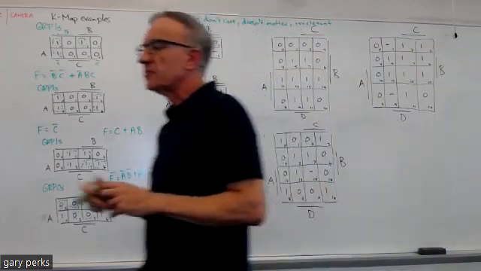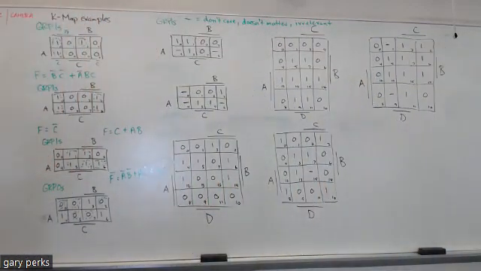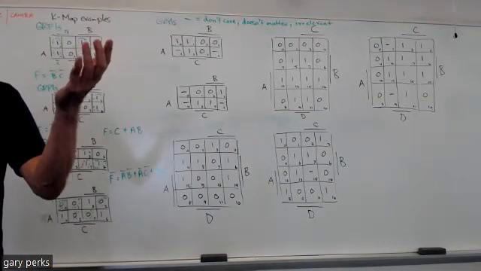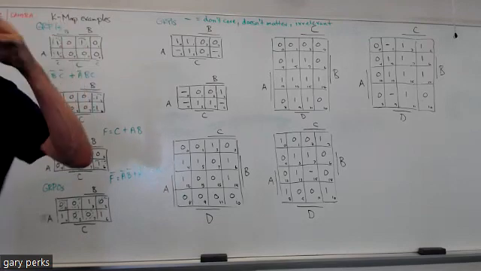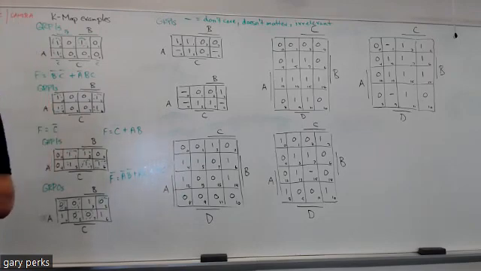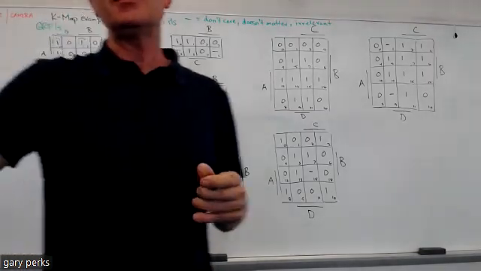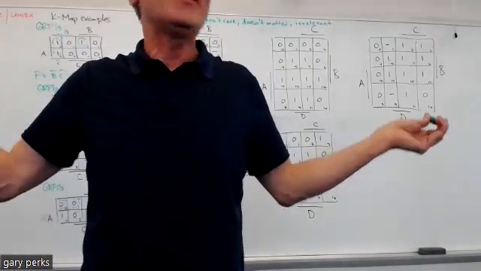The dash is either a 0 or a 1, because this K-map is representing some digital circuit, just like a truth table is. And in a digital circuit, the values are binary. It's either 0 or 1. There's no third value. So a don't care means that it's either a 0 or 1, but we don't care.